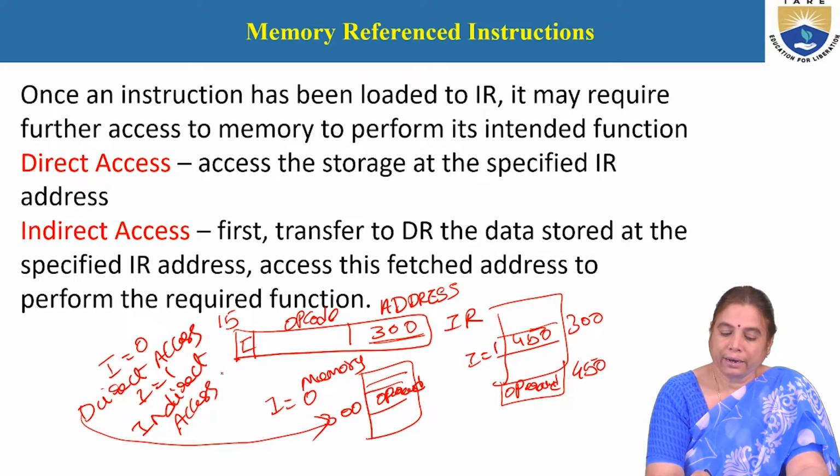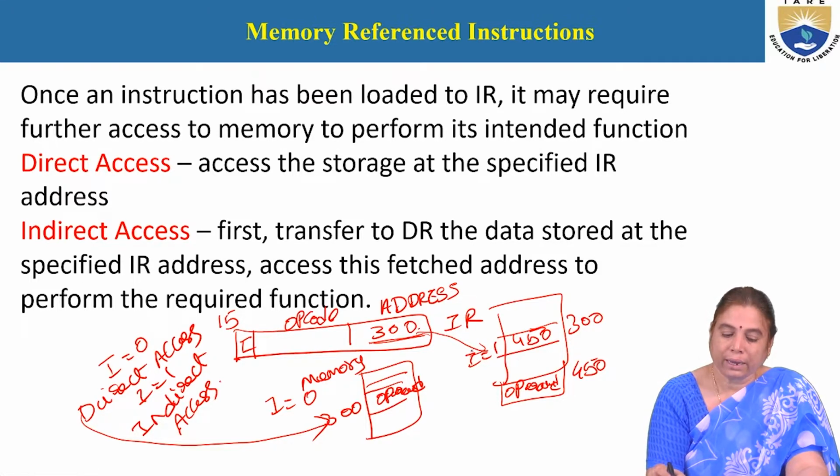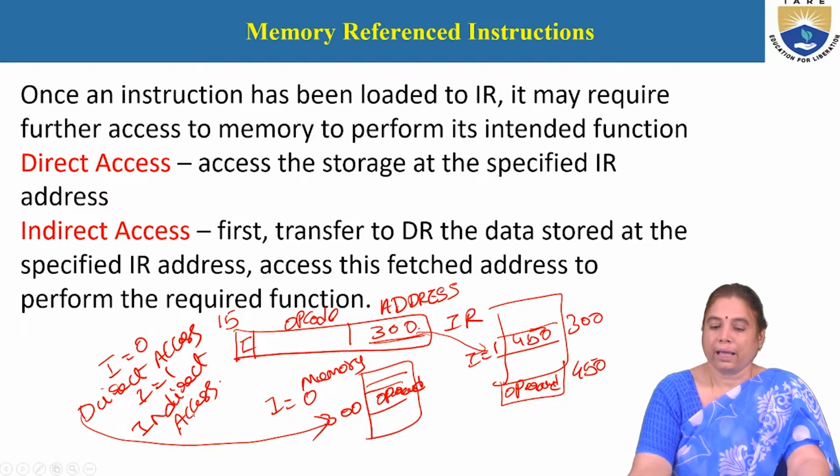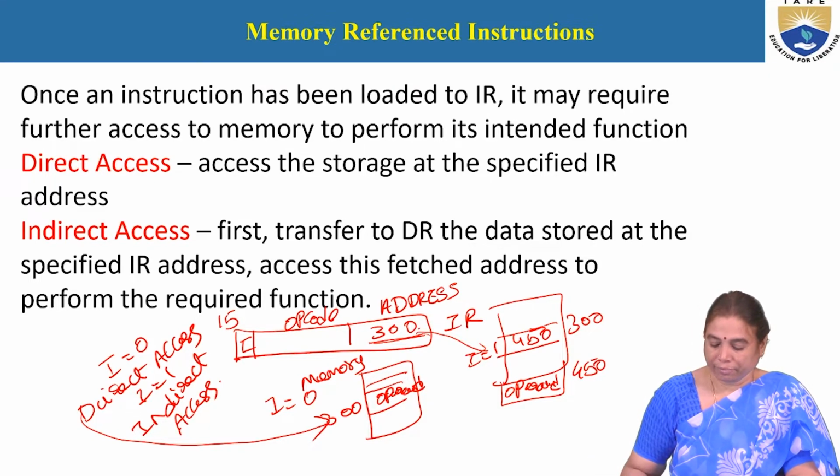So in indirect access, the address specified in the instruction is used to retrieve the effective address of the operand. Two cycles are required to fetch the actual operand from the memory in case of indirect access. That is the difference between direct access and indirect access.